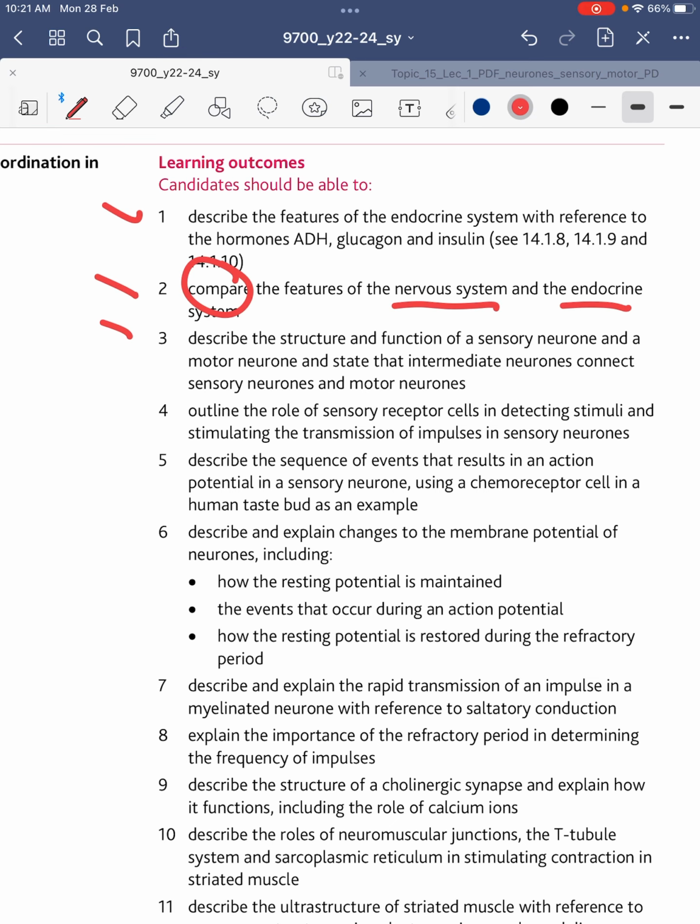Before that, outline the role of sensory receptor cells in detecting stimuli and stimulating the transmission of impulses in sensory neurons. And finally, objective number 5: describe the sequence of events that results in an action potential in a sensory neuron using a chemoreceptor cell in a human taste bud. So the keyword here is only describe.